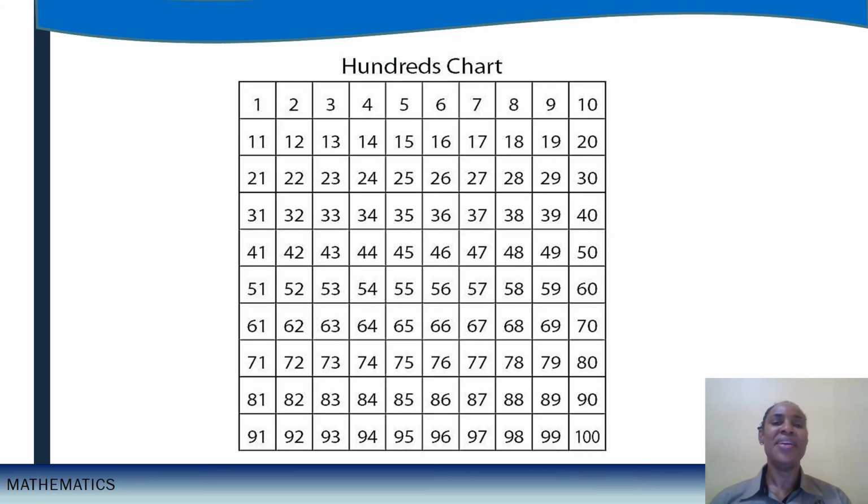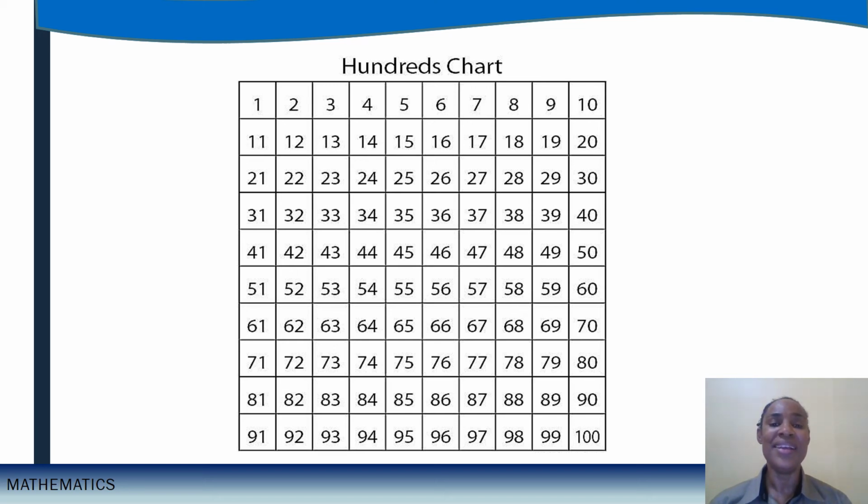Boys and girls, you are doing so well with adding multiples of 10 to numbers less than 10. I want you to look at this 100 chart and identify the multiples of 10. Are you ready to share? Great going, boys and girls. The multiples of 10 are to the far right on this 100 chart.